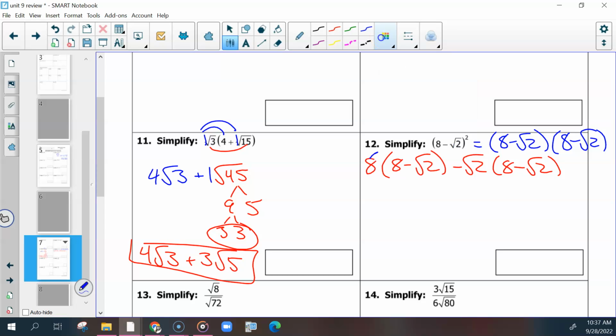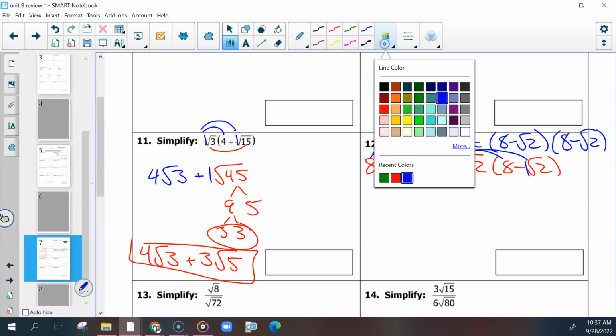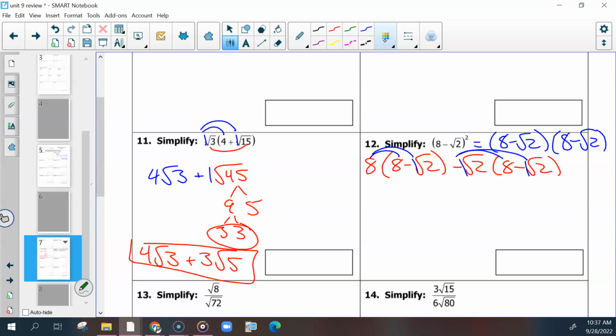Okay, so here we have outside things. Here we have outside things and inside things. 8 times 8 would give us 64. 8 times negative 1 would give us negative 8, but it's attached to the square root, so we have to bring that down.